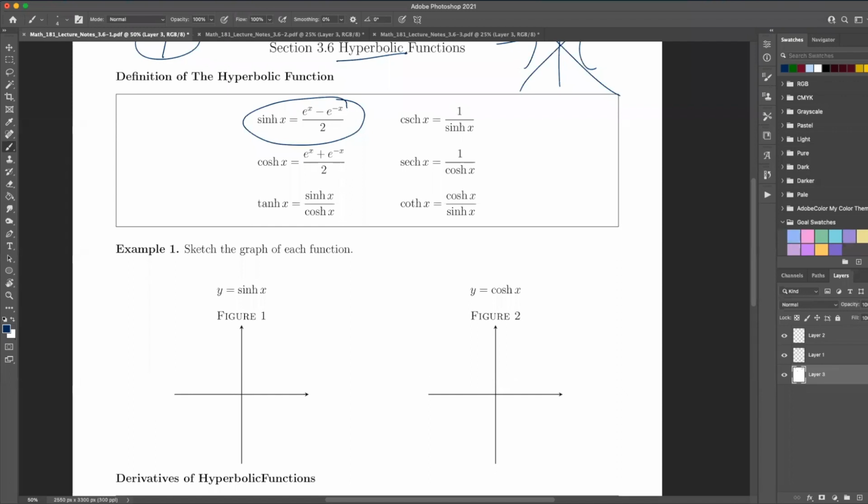Hyperbolic sine kind of goes like this, and hyperbolic cosine goes like this. Okay, those are the two graphs. You really need to know them now, but I showed you all of them briefly, and then tangent goes through the middle.